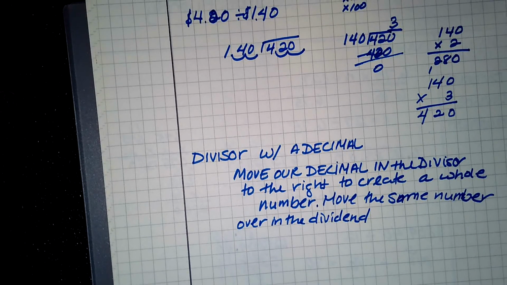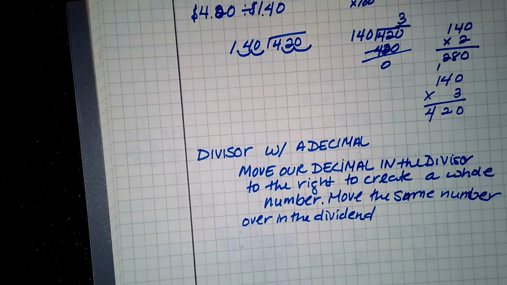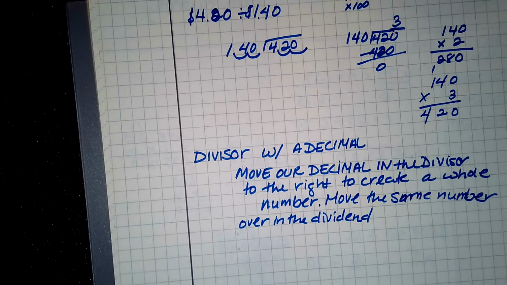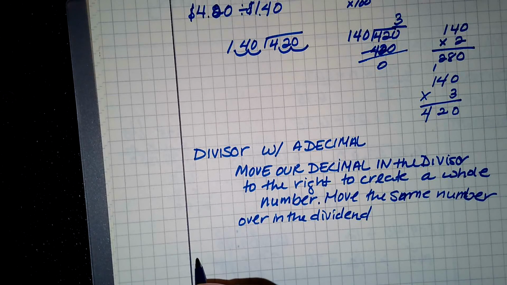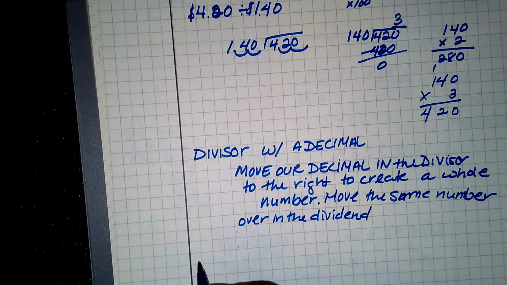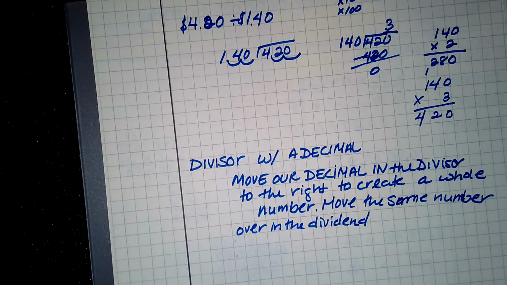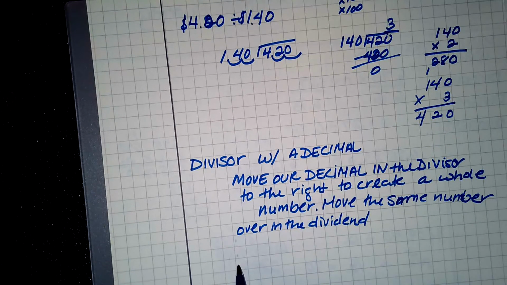Now, when we have a problem like the second one, where we have a decimal point in our dividend, our answer, our quotient, needs to have the decimal point move straight above it.